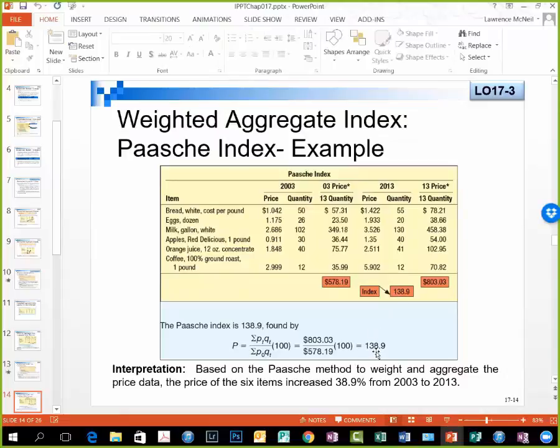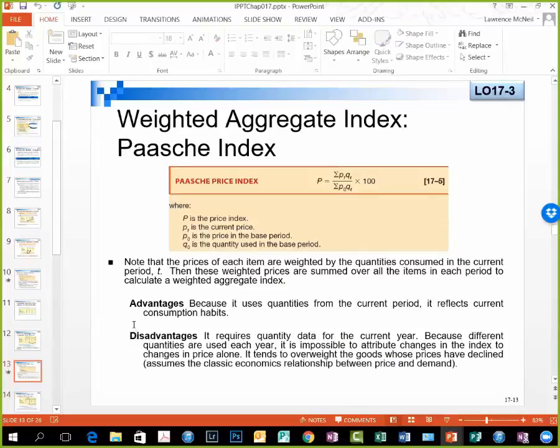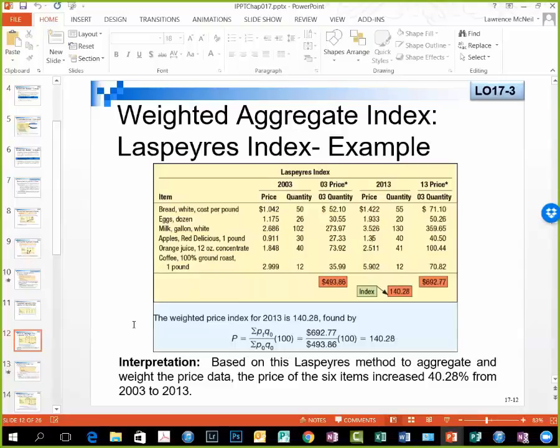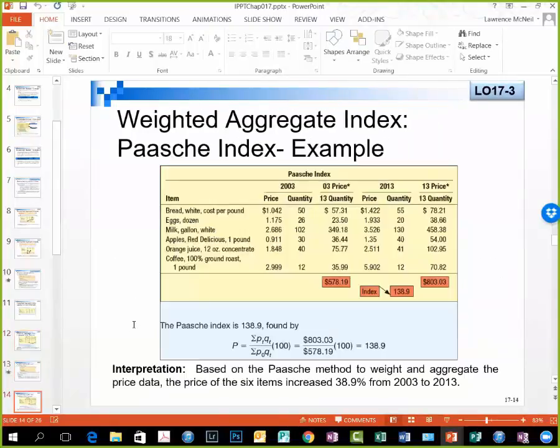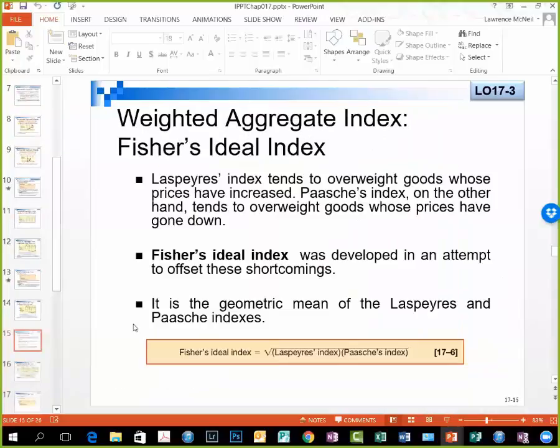And so 38% is Paasche's claim of how prices have changed over this period, whereas Laspeyres says, no, it's 40%. But as you see, they're very close. So Fisher says, take them both as a geometric mean. And all that means is take the square root of the multiplication of Laspeyres and Paasche to get the ideal. And of course, ideal meaning taking both of them together and finding the geometric mean.